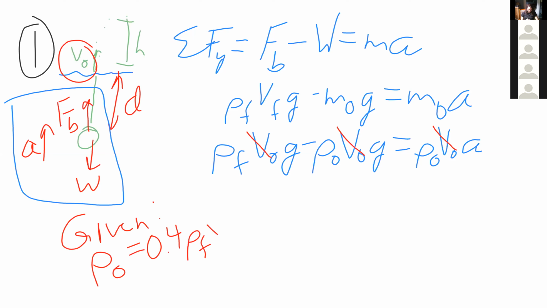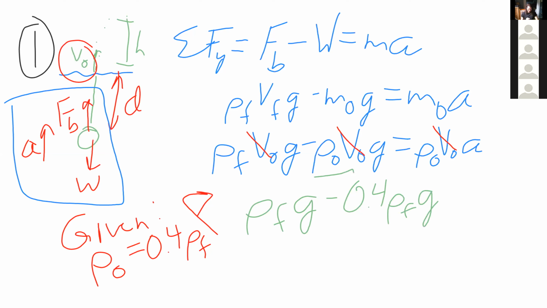So in light of this, I can replace my density of my object, and now I have density of the fluid times gravity minus 0.4 density of the fluid times gravity, where I've just substituted out the density of the object. And then I will do the substitution on the right-hand side as well. So it's 0.4 density of the fluid times the acceleration.